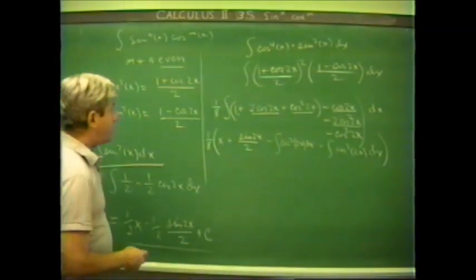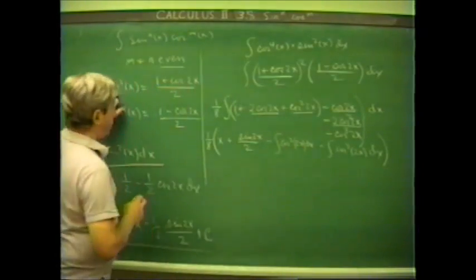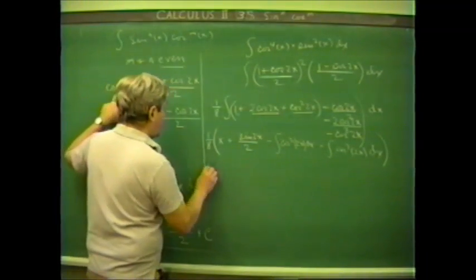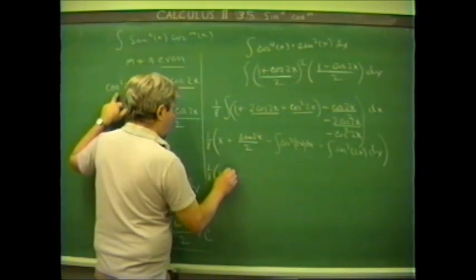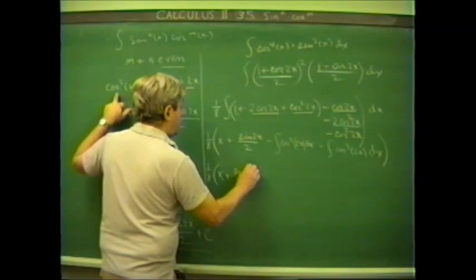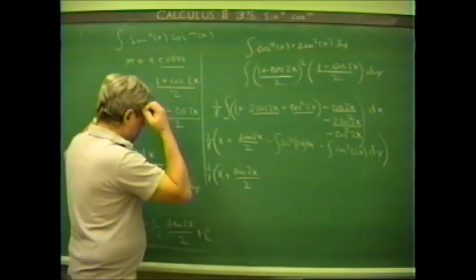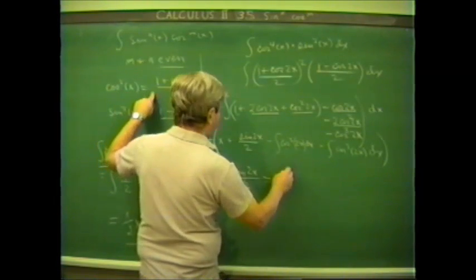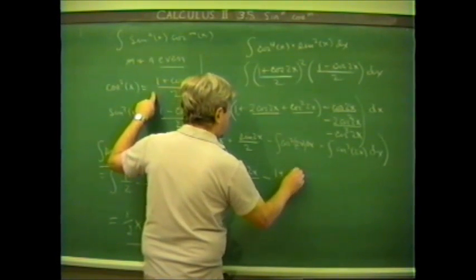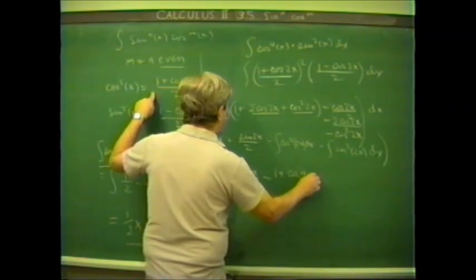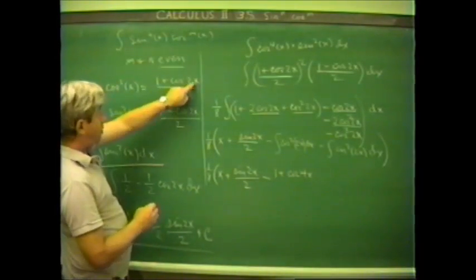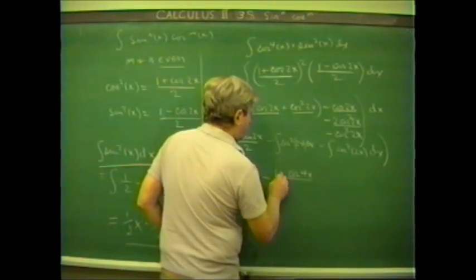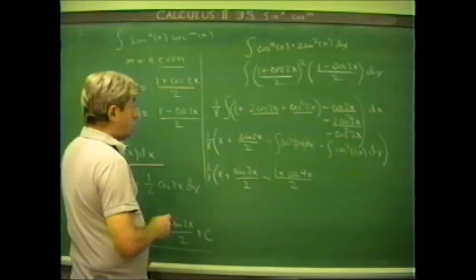Now, for the cosine squared of 2x, here we want to use this again. So we have 1/8 times x plus sine of 2x over 2, minus cosine squared of 2x, which is going to be (1 plus cosine of 4x) over 2.